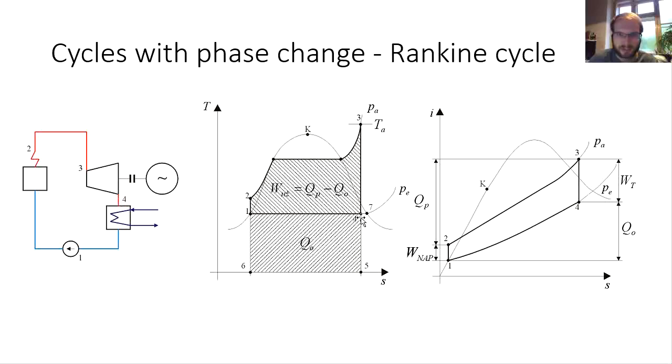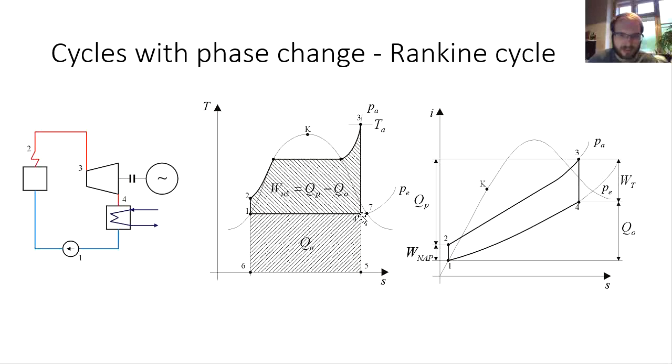The end of the expansion might be in superheated vapor, but much more often, especially for water and steam, the end of the expansion is in the wet steam state. That means there are some liquid droplets in our gaseous fluid.